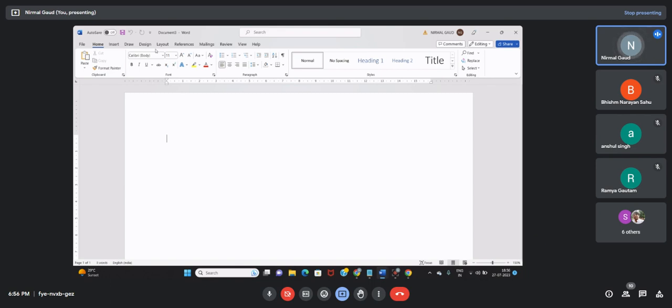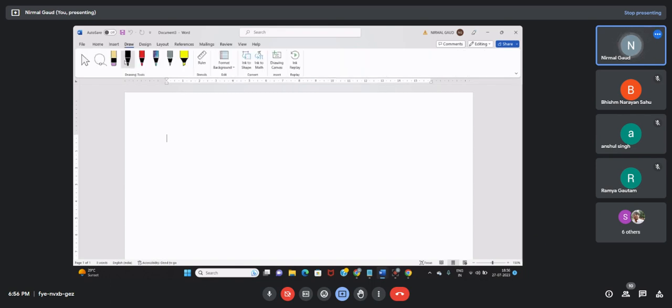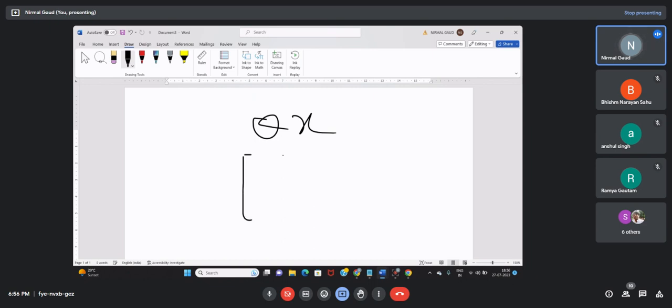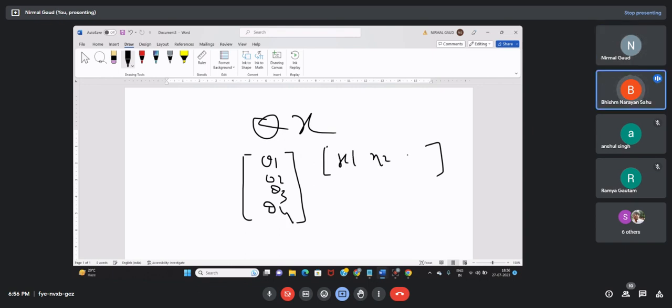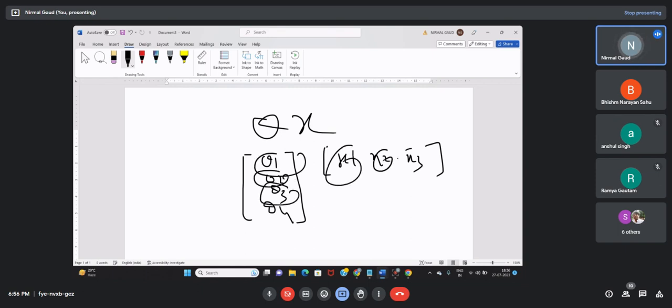If you are having doubts about whether it is theta x or what it is, if you remember, we can have a matrix like this, and one matrix like this. So we can have theta 1, theta 2, theta 3, theta 4, and x1, x2, x3. It's a dot product: this times this, plus this times this, plus this times this.